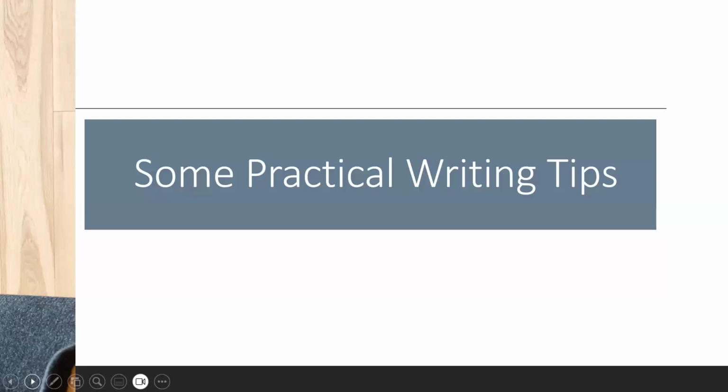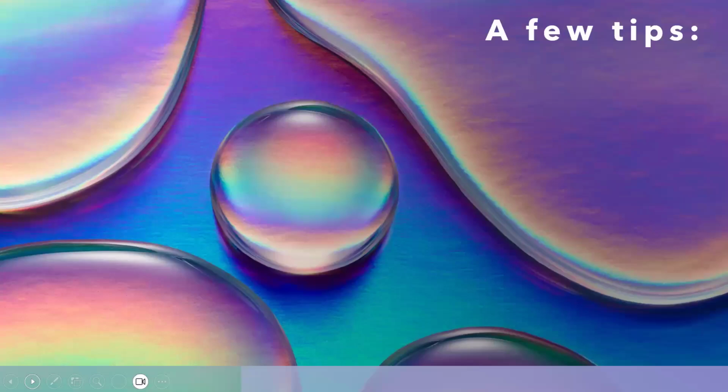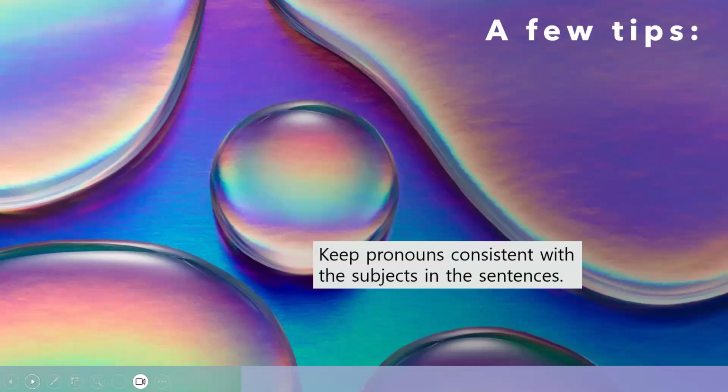I'd like to take a few more minutes to give you some practical writing tips. These tips have come from many rounds of reviewing protocols and seeing some consistent errors being made. So this might help you in your future writing of papers. Keep pronouns consistent with the subjects in the sentences. If the subject is singular, the pronoun should be singular.